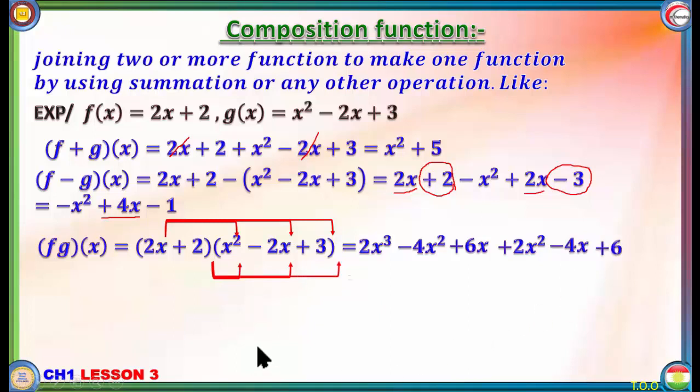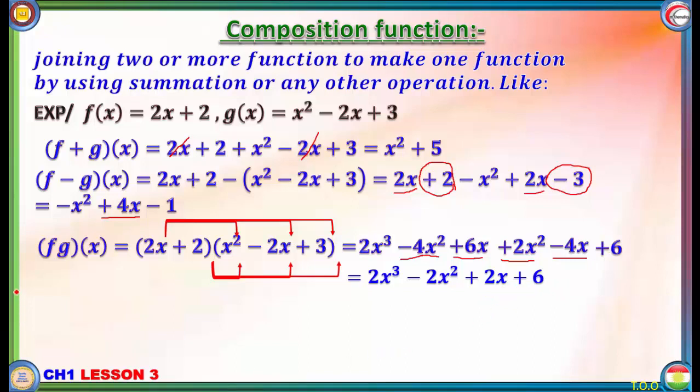And now write 2x cubed. Then you have minus 4x squared and plus 2x squared, it becomes minus 2x squared, and you have plus 6x and minus 4x, there it becomes 2x, plus 6.